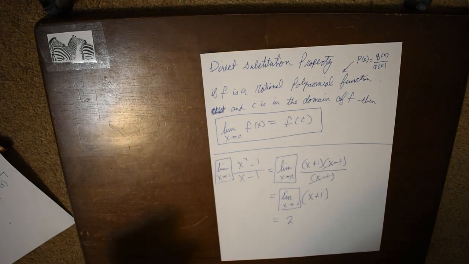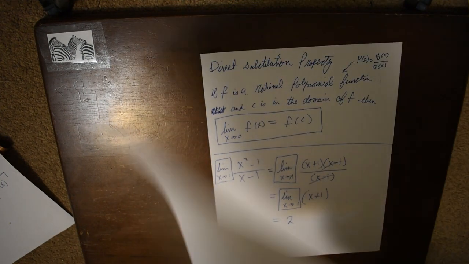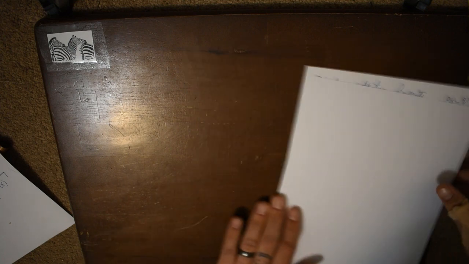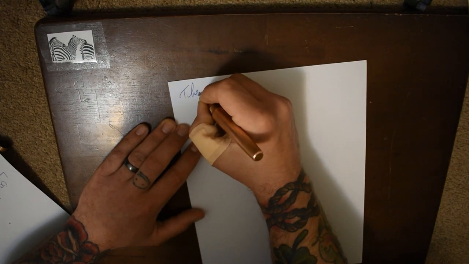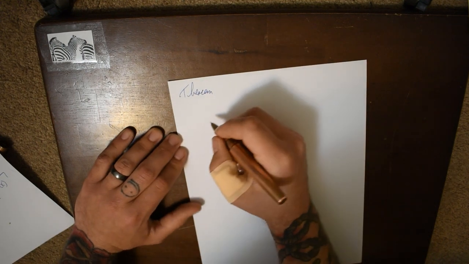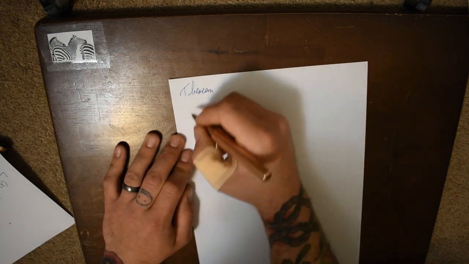So now for a theorem. Let's say we've got two functions, f of x and g of x.